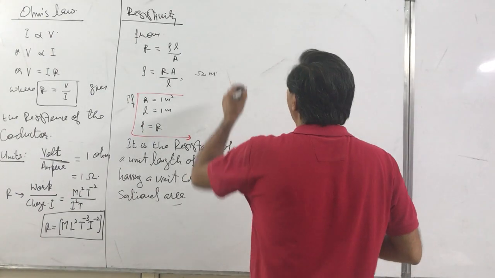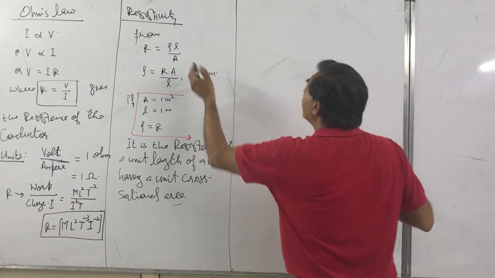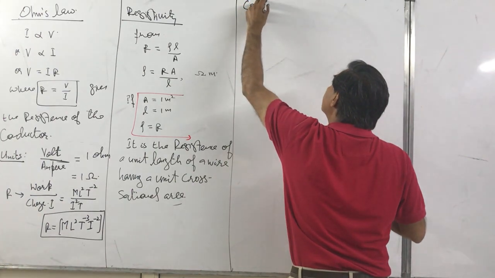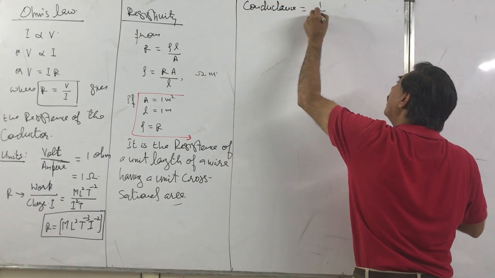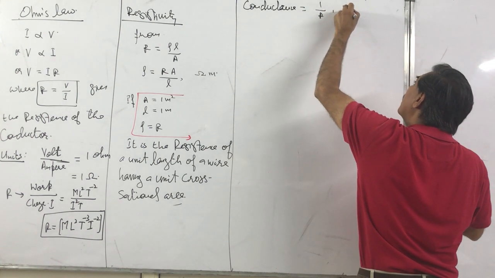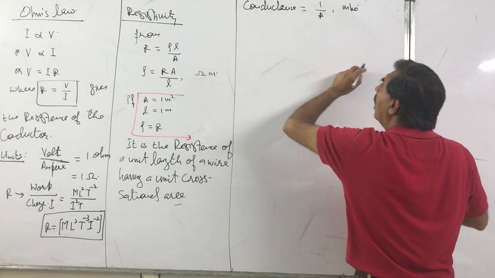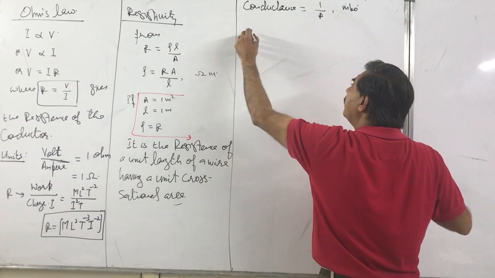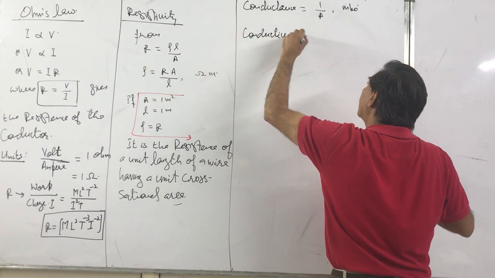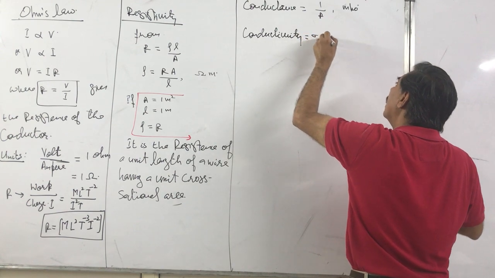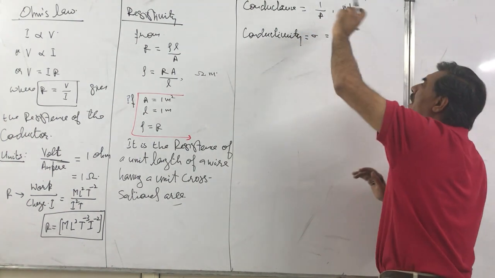The reciprocal of resistance is conductance, 1/R. The units would be mho. And the reciprocal of resistivity is conductivity, sigma equal to 1/rho.